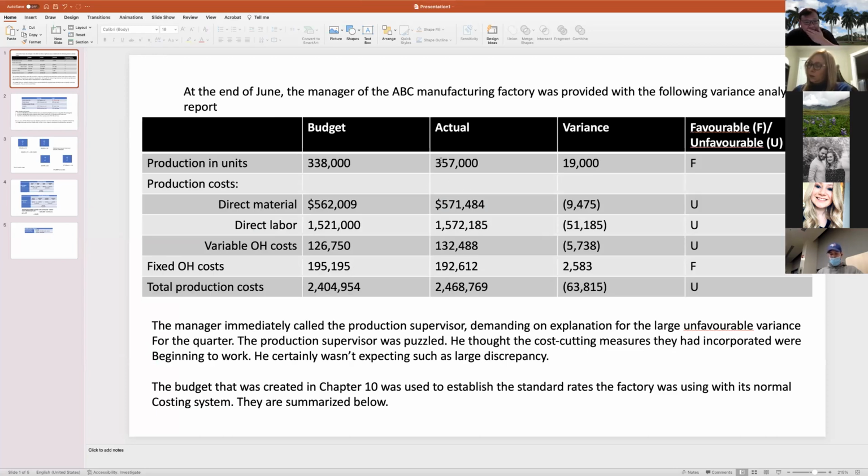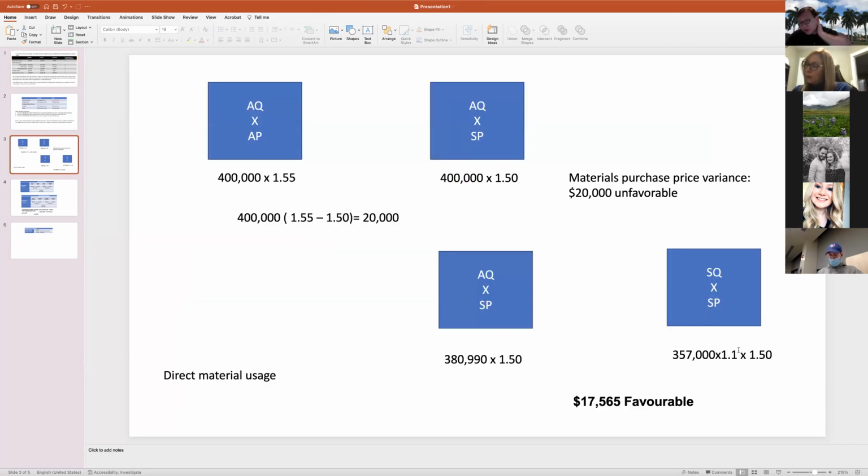In actual production, we produced 37,000 units. And each unit uses 1.1, so my standard quantity in kilograms is 357,000 times 1.1. That is my standard quantity of direct materials.